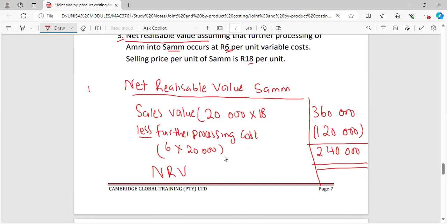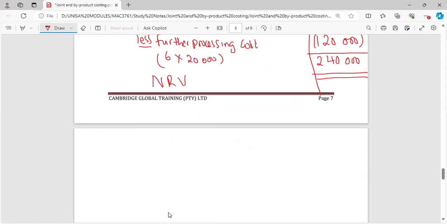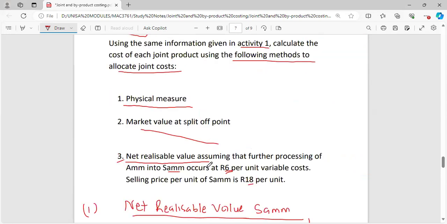Then our calculation number 2, we want to do the net realizable value of NUM. Was NUM further processed in the question? Do we have any further processing of NUM?